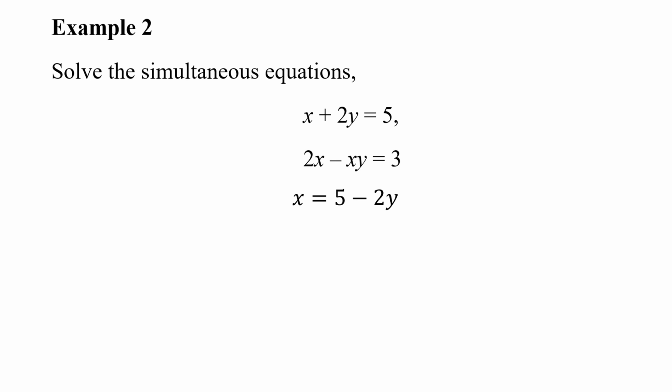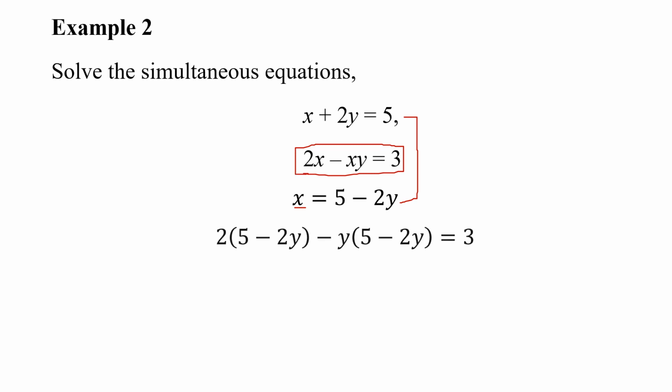Right, this one is exactly the same as this equation. So we are going to substitute for x, we are going to substitute 5 minus 2y in this equation, like this. Right, so it will be 2 factor of 5 minus 2y minus y. Instead of this x, we are now substituting 5 minus 2y, and this is equal to 3. Right, then from there we can now remove brackets and simplify like this.